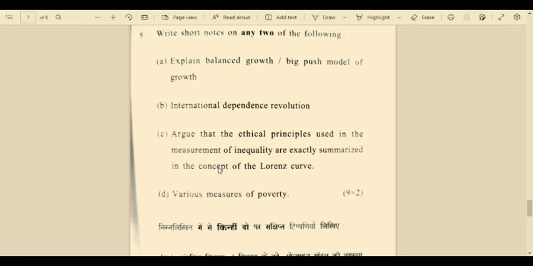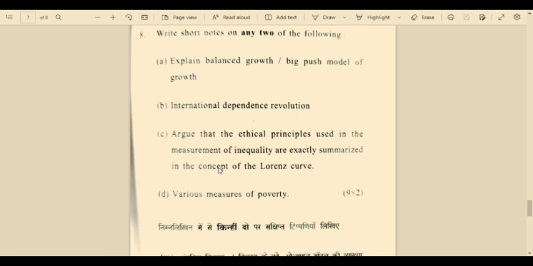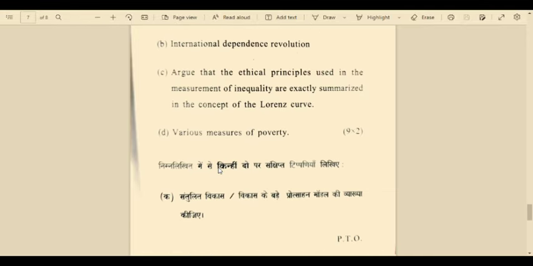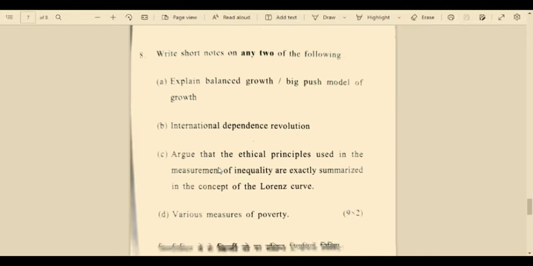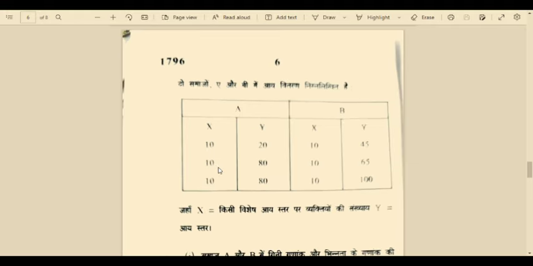In this C part, you will explain the Lorenz criterion and explain that a measure of poverty would be Lorenz consistent if and only if it is consistent with all those four principles of anonymity, population, relative, and Dalton principle. Then we have various measures of poverty. In this, we will explain our HCR, IGR, PGR ratios, which we did in the Unit 4 section. Okay, so this was all, and we will now solve question number 6.